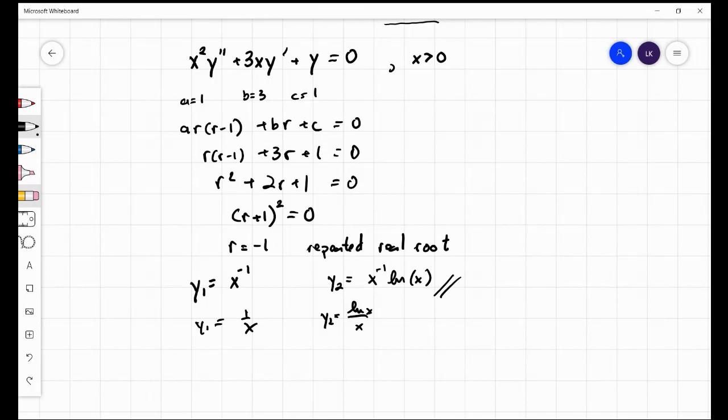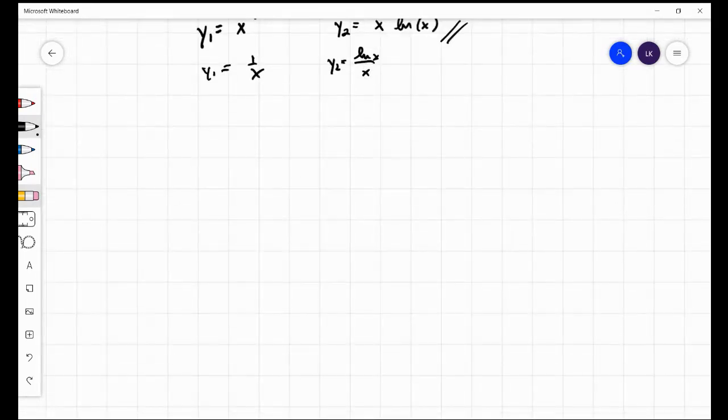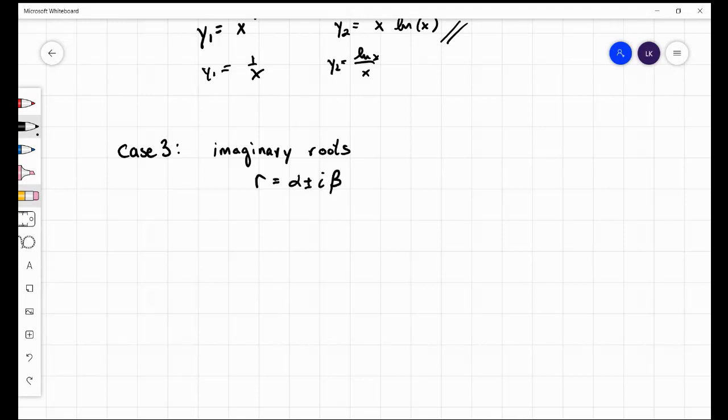So now the third case would be where the roots of your characteristic polynomial are imaginary. So case number 3. And they have to come in conjugate pairs, right? So let's call the real part alpha, and let's call the imaginary part beta.